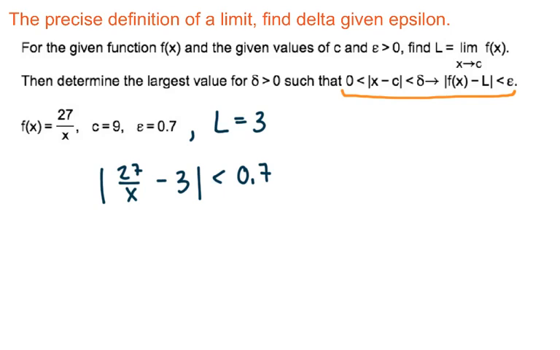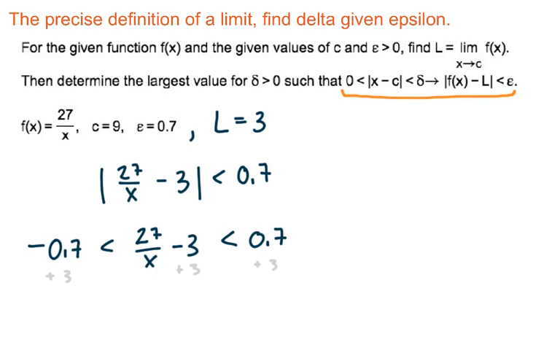So we need to solve this. We need to determine what my x value should be. So here we're going to work to solve this inequality. So I put negative 0.7 is less than 27 over x minus 3 is less than 0.7. I would add 3 to both sides of my inequality, or to all sides, plus 3, plus 3, plus 3. And I'm going to write my answer as a fraction, not a decimal.